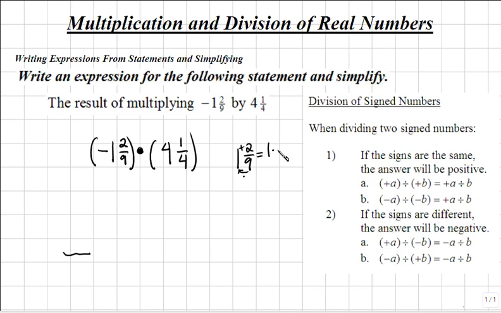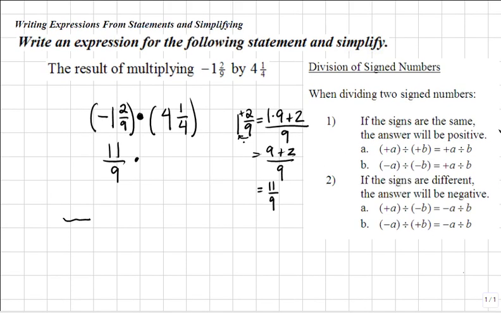In other words, this becomes 1 times 9 plus 2 all over 9. 1 times 9 is 9 plus 2, and this we're dividing by 9, so 1 and 2/9 as an improper fraction will become 11/9.